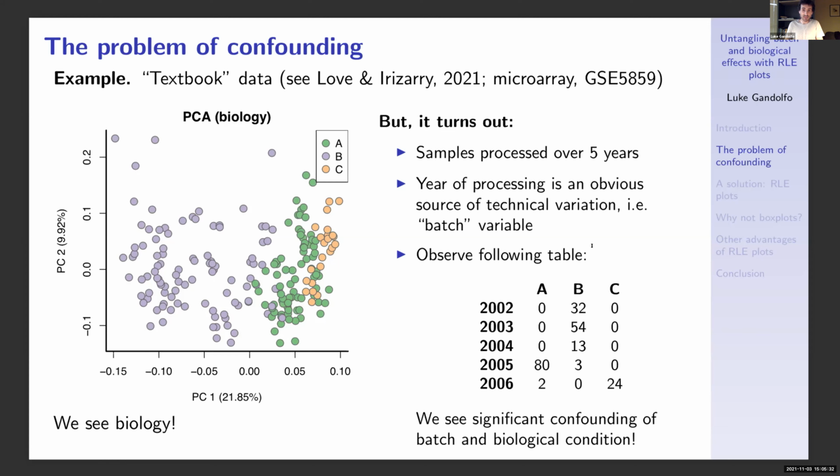Note that almost all the Bs were processed in 02, 03, and 04. Almost all the As were processed in 05, and almost all the Cs were processed in 06. In other words, what we're seeing here is a very significant level of confounding between the biological condition of interest and the batch variable, in this case, year of processing.